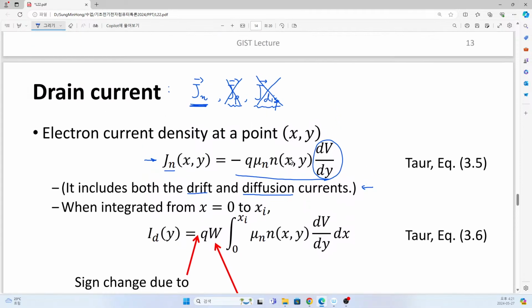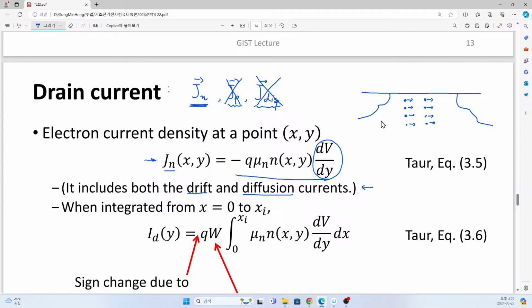So now think about this one. Here we have a certain structure, and at every point inside our system, we can define Jn. This Jn is heading in the y direction by our assumption. Then what is the current?